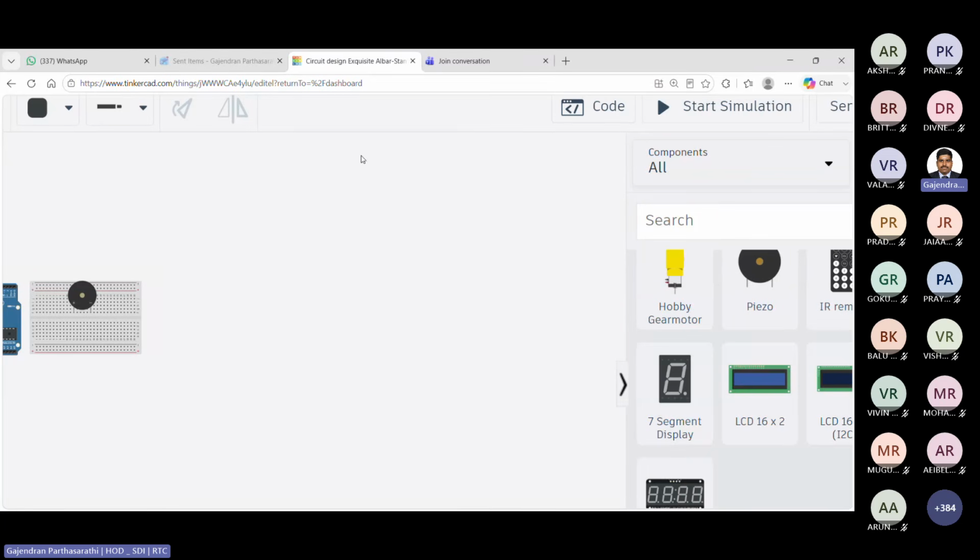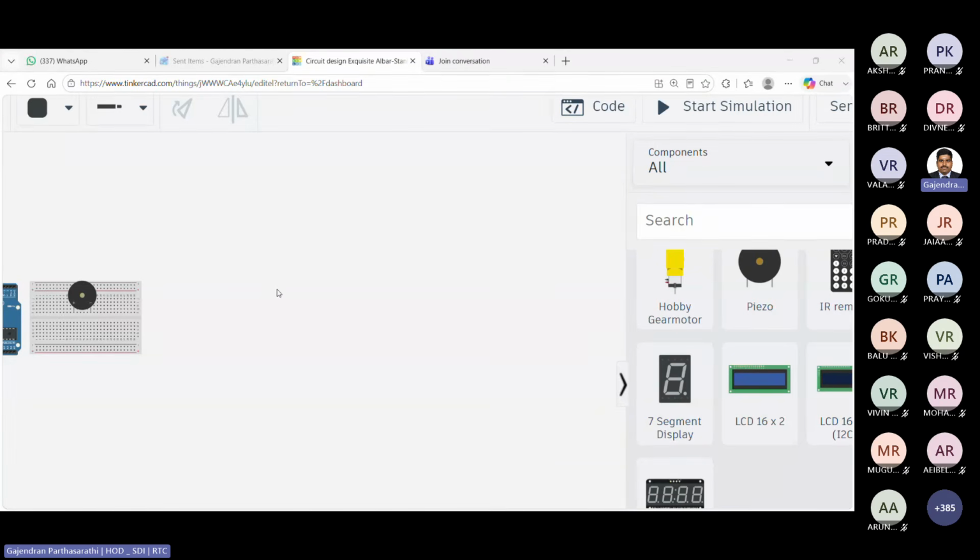How many of you got the output? Please share it. Yes, Purushothaman shared. Good. Varsha shared. Very good. Now my question is, you are making the buzzer turn on and off, am I correct?